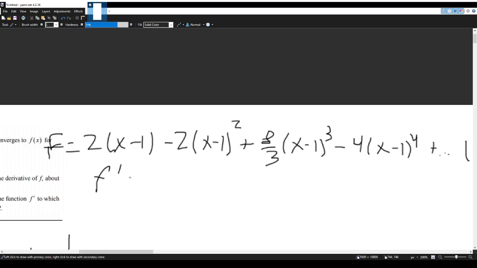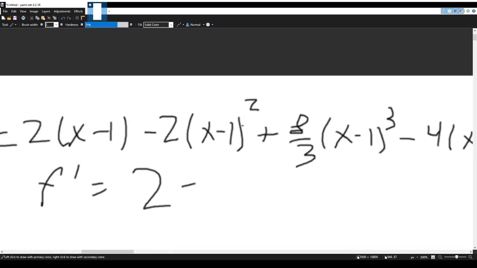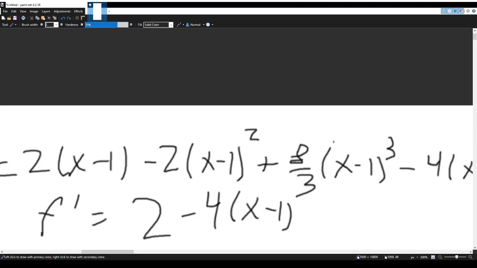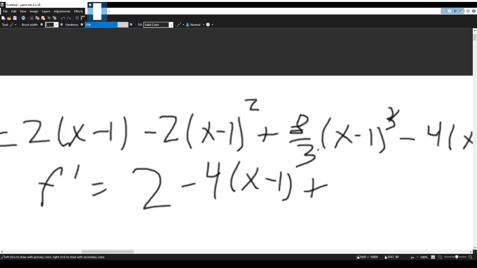So the derivative of this, which is 2, you could do the chain rule technically, but the derivative of the inside is just 1, so you can treat it as if it's just x in there. Then you do the power rule, so that'd be minus 4(x minus 1), and then that would be plus, this goes down, that kind of cancels out, so that would be 8(x minus 1) squared.